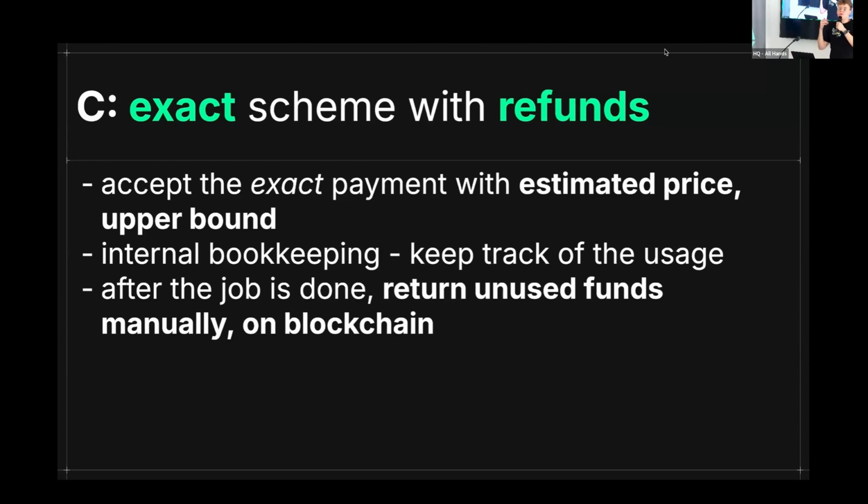Then your client pays you the whole amount, and you do the bookkeeping of how much they actually spent. So in your database, you track the usage. It's something you probably already do if you have a pay-as-you-go scheme. And after the job is done, you return the rest back to the sender through the blockchain.